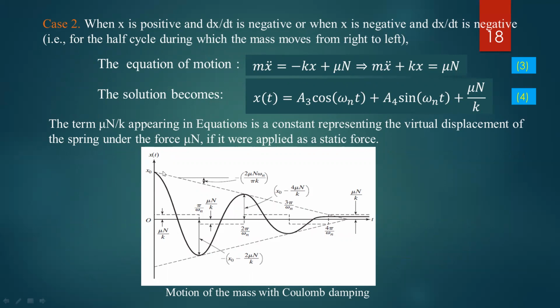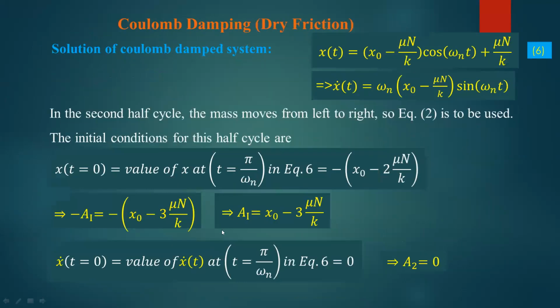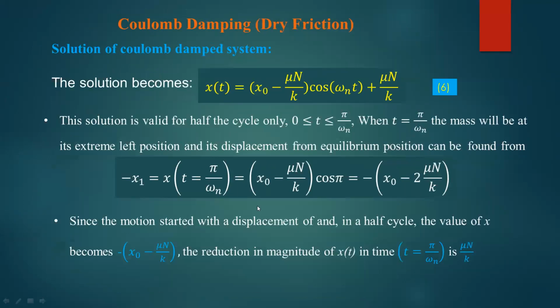This is the first half cycle. For the first half cycle, the amplitude, which is A3 in our case, is for the first condition. When t is equal to pi over omega n, the mass will be at its extreme left position.